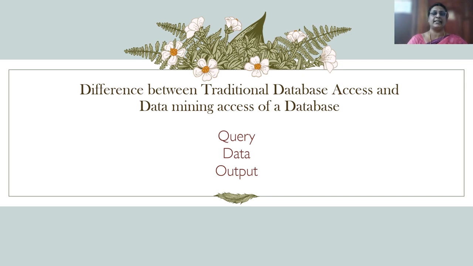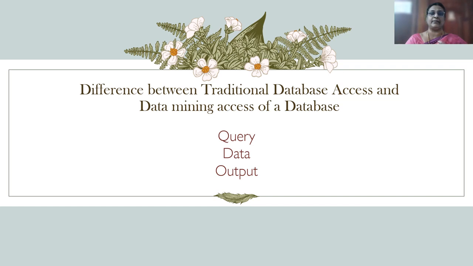In the traditional database we use a query language, normally structured query language, SQL, that will extract the subset of the data from the database. But as far as data mining access is concerned, we cannot make a direct query. Sometimes the query might not be available. So it is not direct, and it is not going to retrieve the subset of the data.